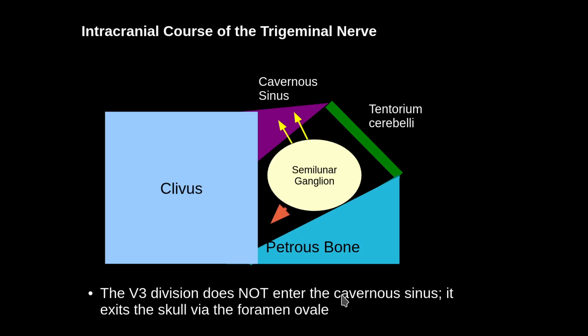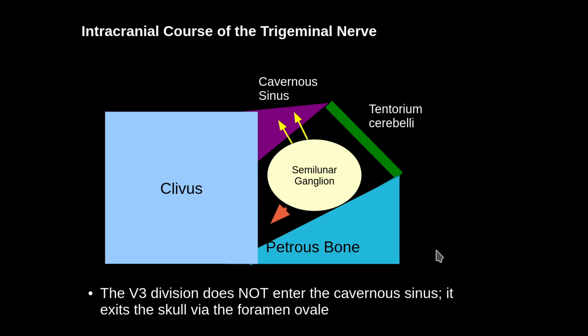And the biggest root, or the biggest division, which is the mandibular division, has no reason to go into the cavernous sinus because its targets are beneath in the mandible. So instead, it goes through its own large foramen ovale.